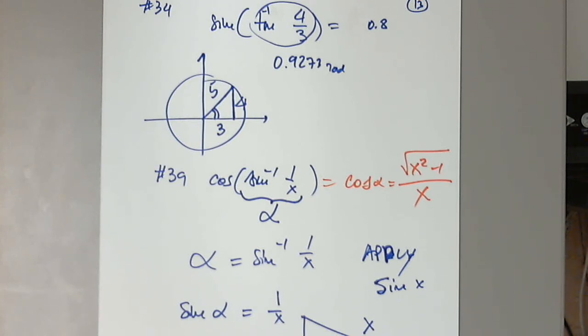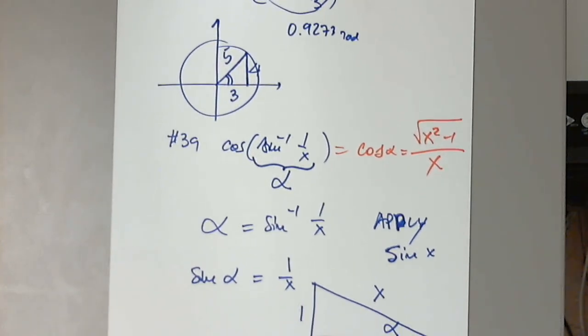We applied sine to both sides, and this clears the sine inverse. Sine of sine inverse is just 1 over x. And then we said, okay, there must be a right triangle whose sine is 1 over x, opposite over the hypotenuse. That enabled us to determine the other leg, and then we were able to determine what we're asked to.